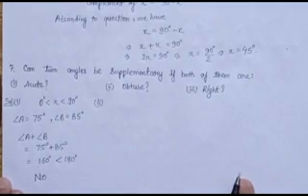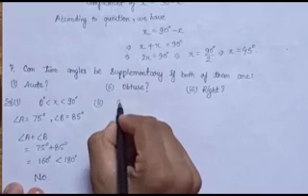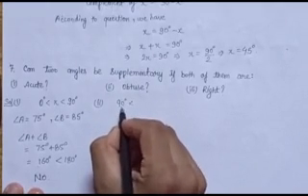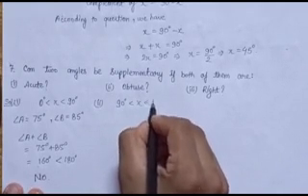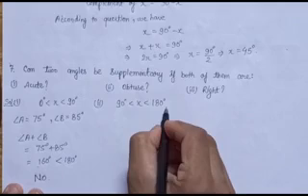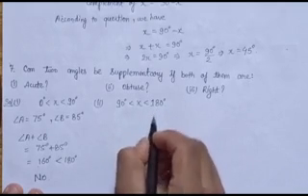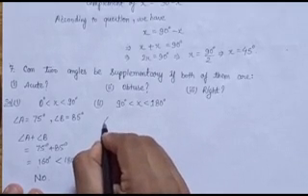Now what is an obtuse angle? So students, you know, an obtuse angle is one whose measure is greater than 90 degree but less than 180 degree. So let us suppose there are two angles.